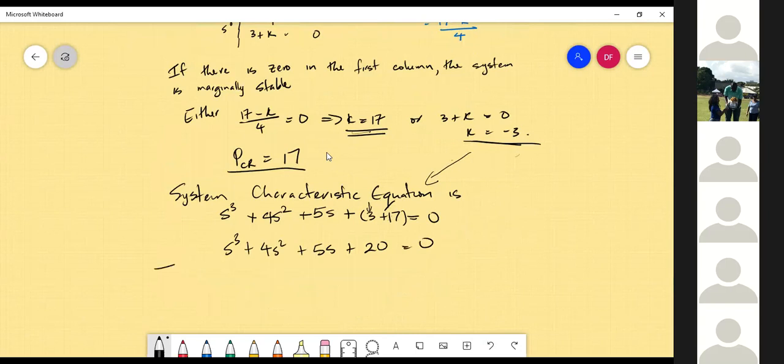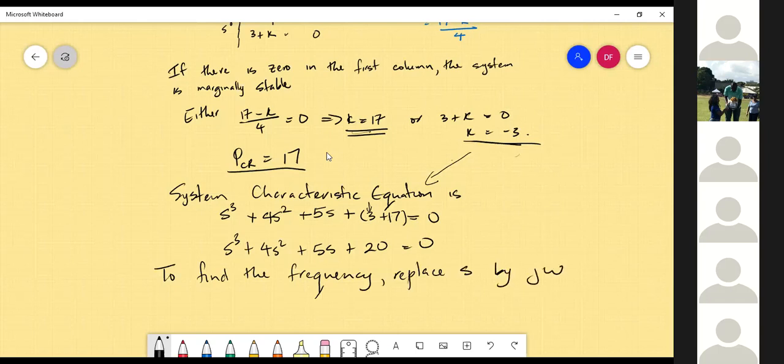To find the frequency, you must replace S by j omega. So we're going to have (j omega) cubed plus 4 times (j omega) squared plus 5 times j omega plus 20 equals 0.